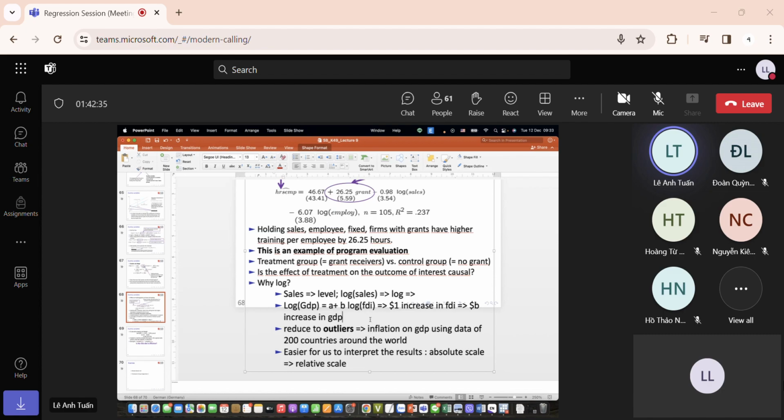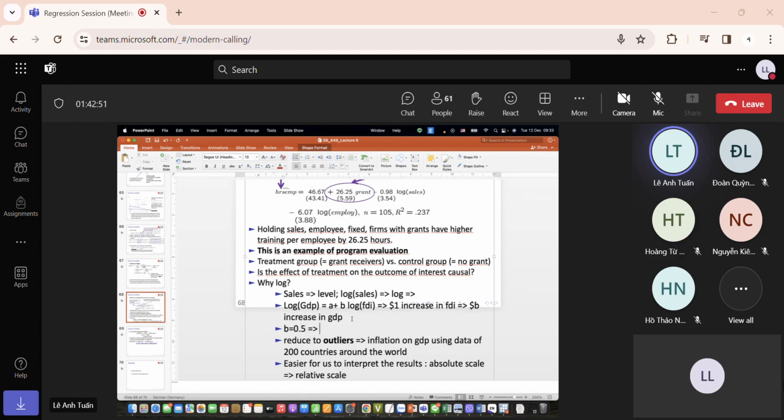For example, here you get the log-level model, and you get the coefficient beta here equal to 0.5.